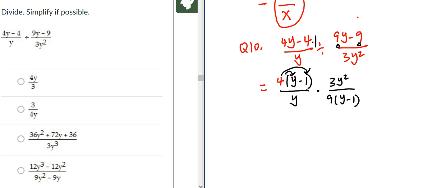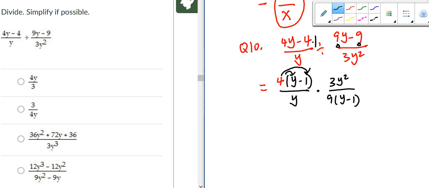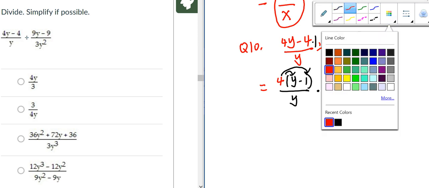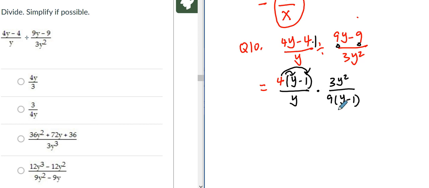Okay. Now, we can then do more cancellations. Here, you see this y minus 1 will cancel each other. So let's do it step by step. Remember, there is an exponent 1 here. We first leave all the constants.